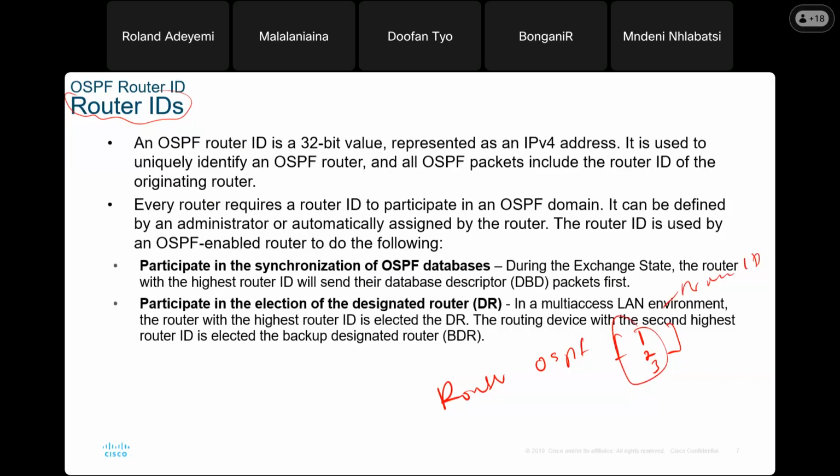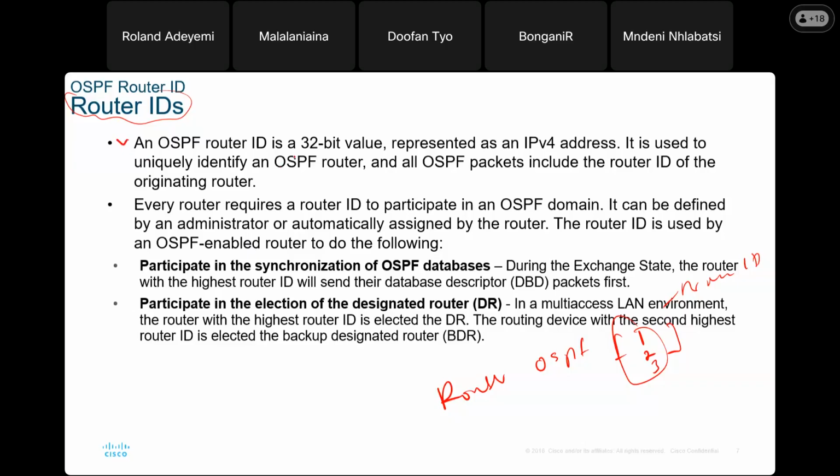It's like you have a router with 3 different IP addresses. Under OSPF, you want to pick just one of the IP addresses as its ID that will represent that router. So when we see any message coming from that router, we know the identity of the router that sends the message.